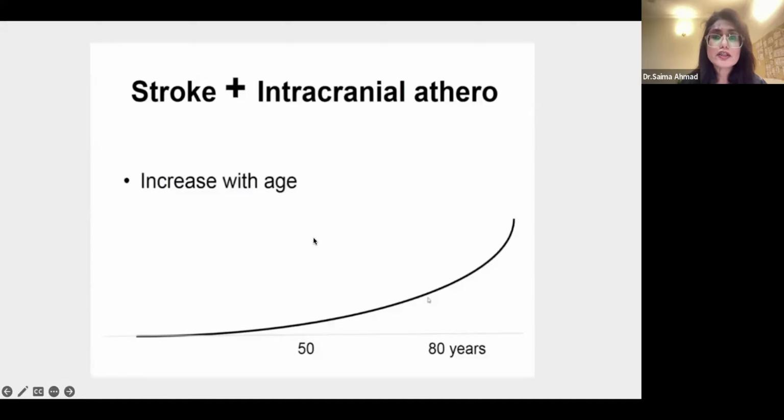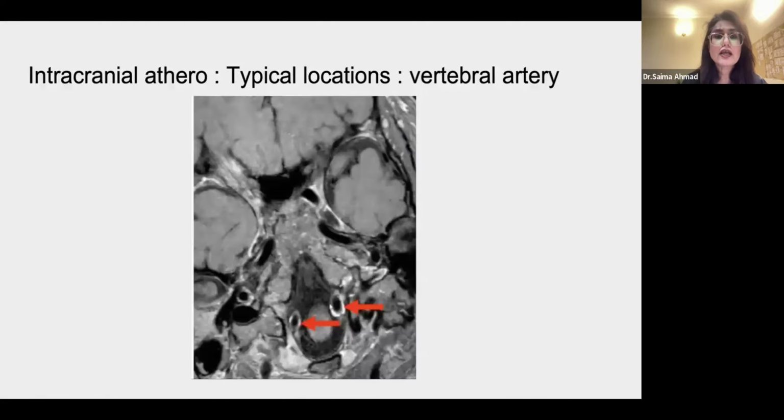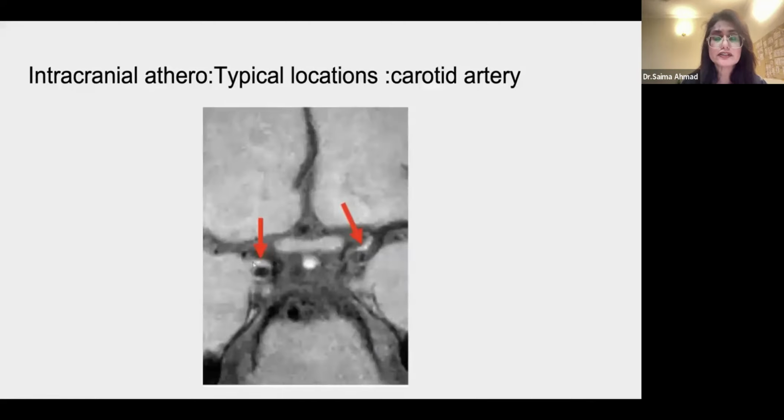Intracranial atherosclerosis increases with age. The propensity increases with age. For the typical locations, you can see these are the bilateral vertebral arteries, and you can see vividly the enhancement. This is a typical location, and more vivid enhancement is seen in vasculitis. So it may be vasculitis or atherosclerosis. Similarly, the distal ICA shows enhancement here, and this is atherosclerosis.